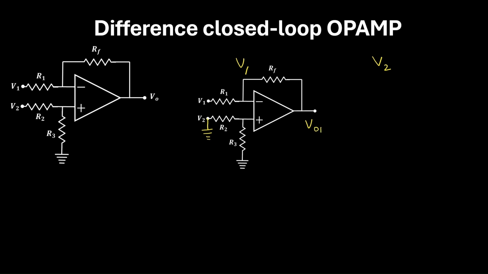This circuit is a closed loop inverting op-amp. And you can see the voltage here is 0 volt. Here also it will be 0 volt, and here 0 volt. So for closed loop inverting op-amp, the output is minus RF by R1 into V1.